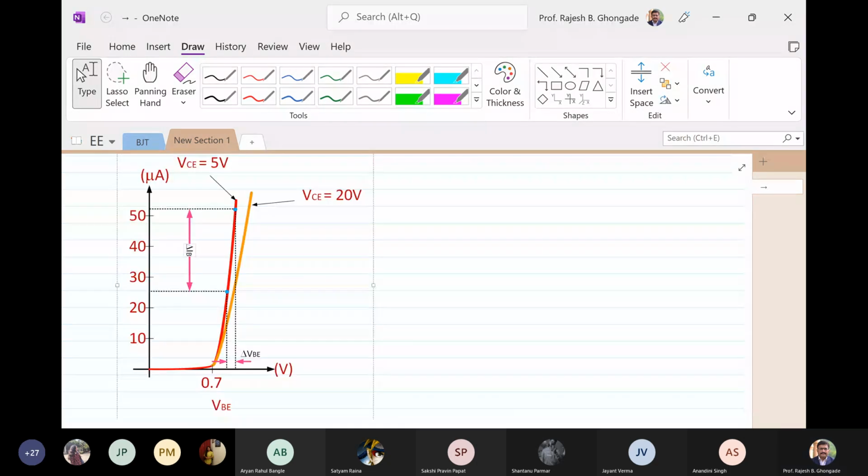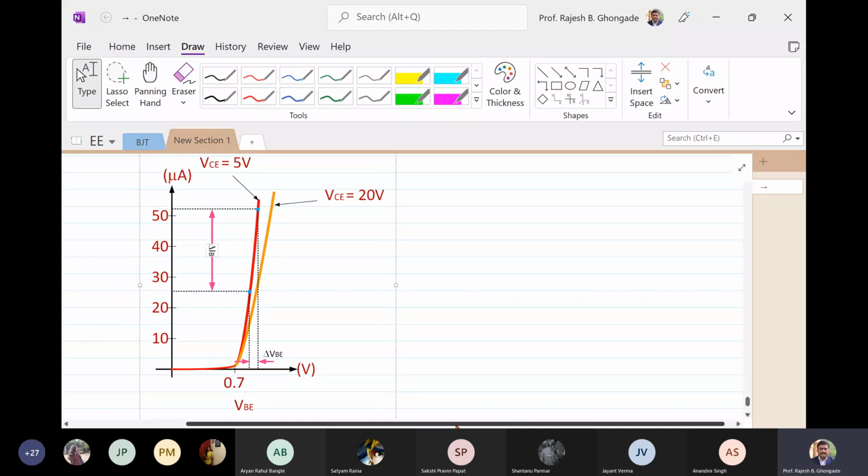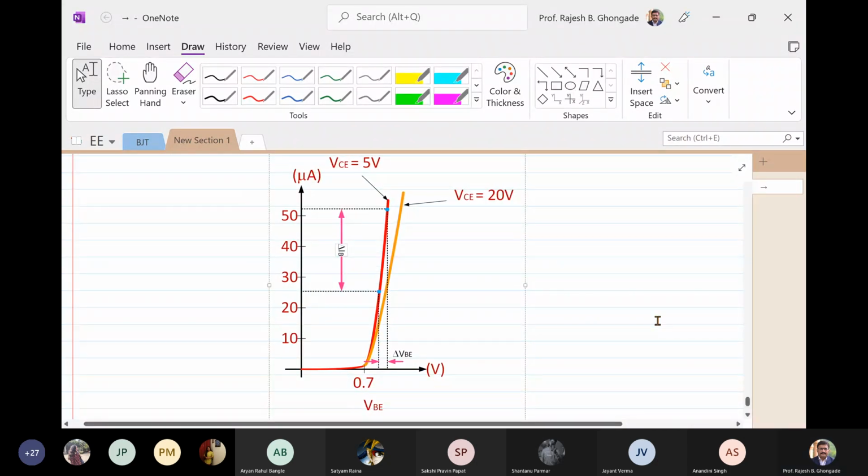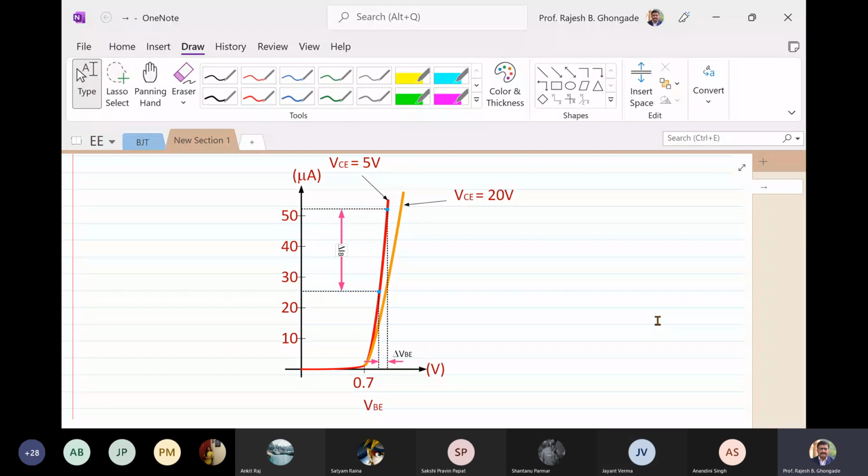Okay. Are the curves visible to all of you? Yes, sir. Sir, your screen is not visible. Some say it is visible, some say it is not visible, what is this? So is it finally visible or not? No sir, yes sir.